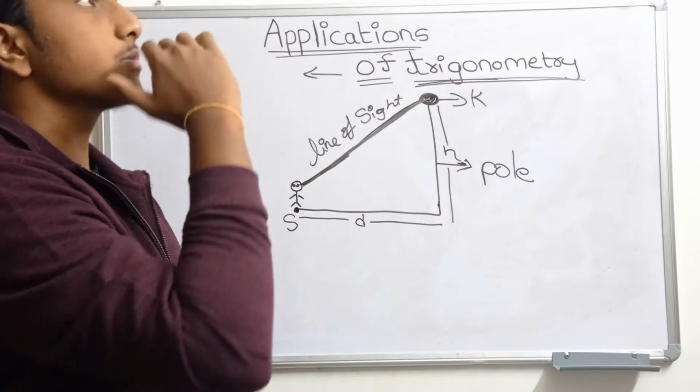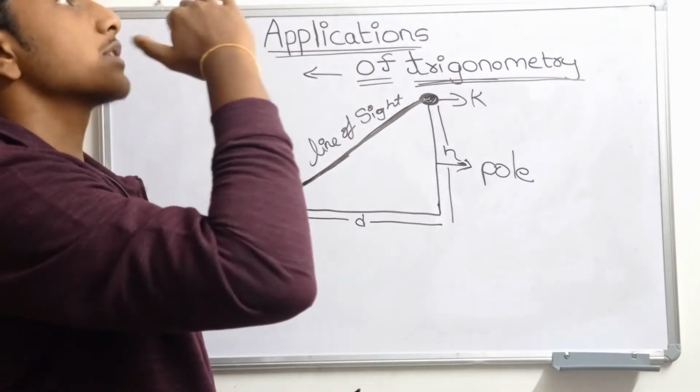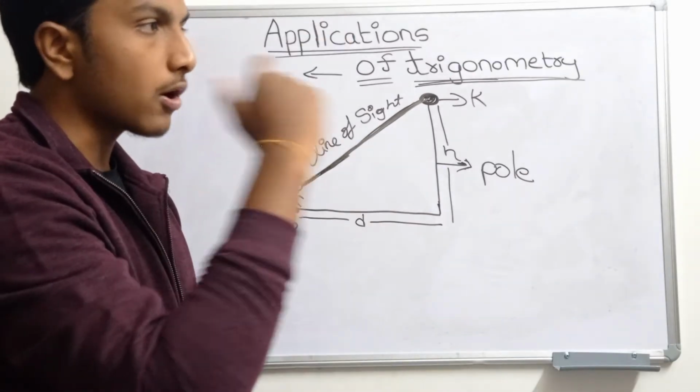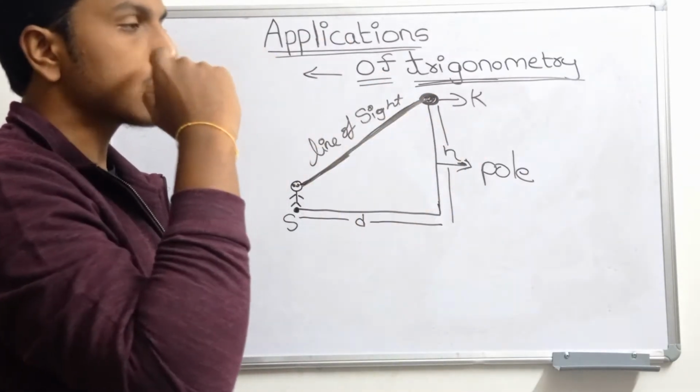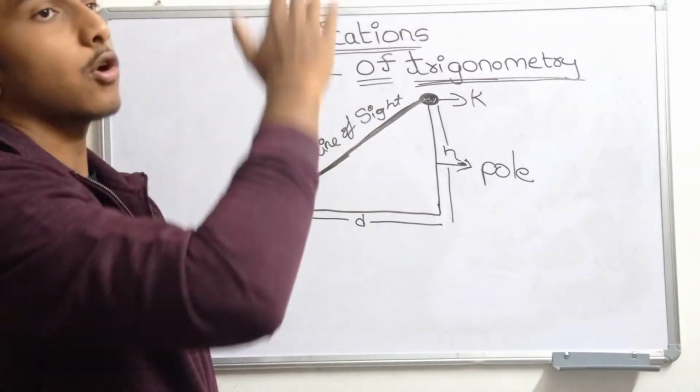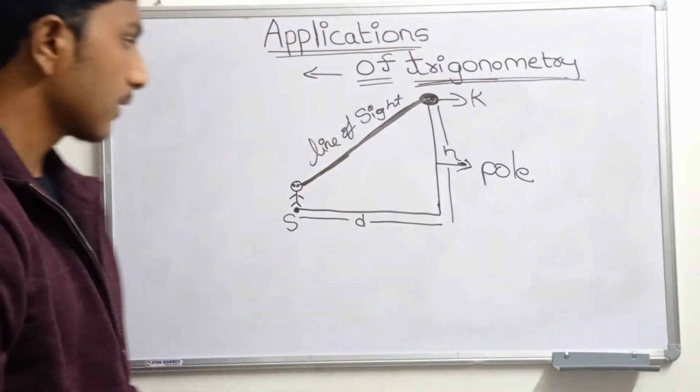When we look at taller objects, the line of sight is completely straight towards the top of the pole. When we look in the horizontal direction, the line of sight is completely straight in that direction, and when we look at the top, it's a little slanting.